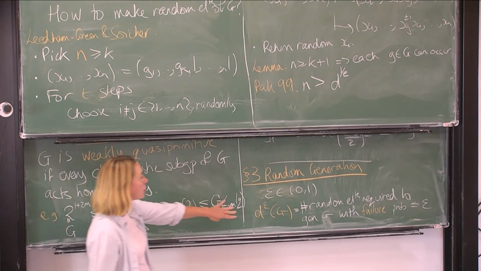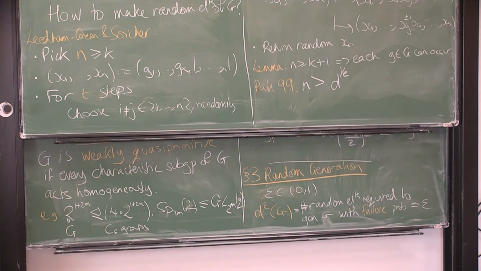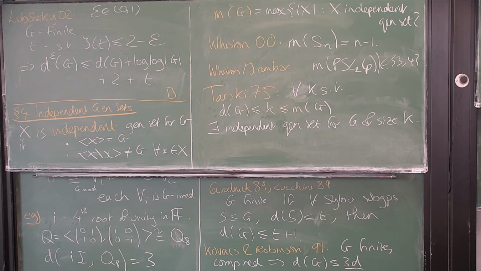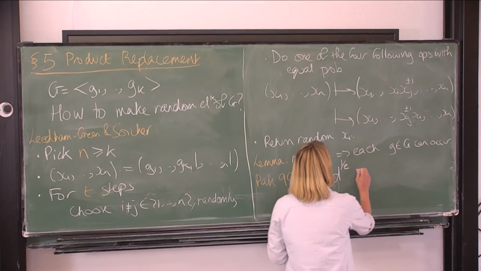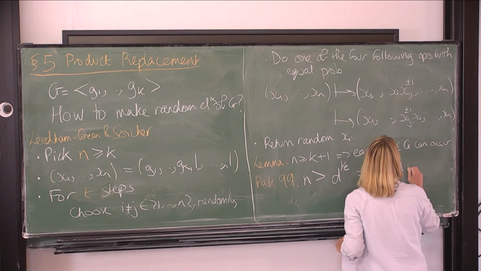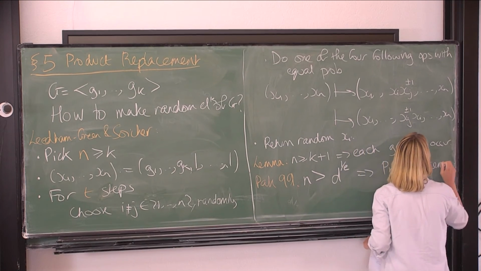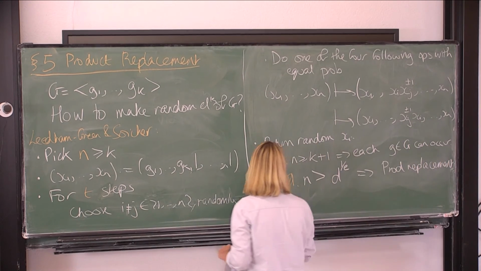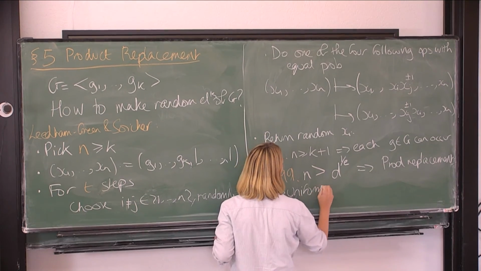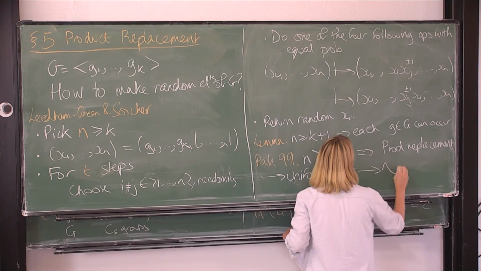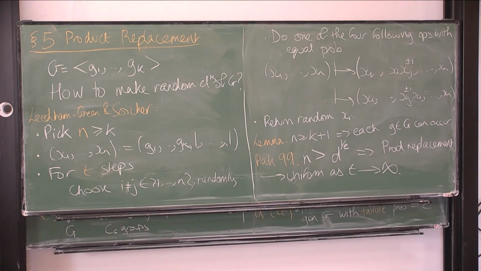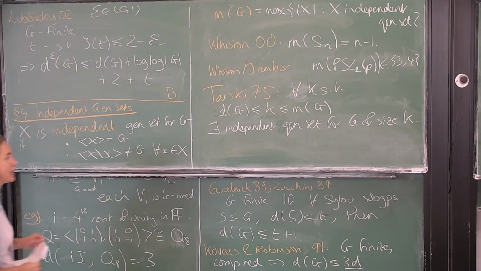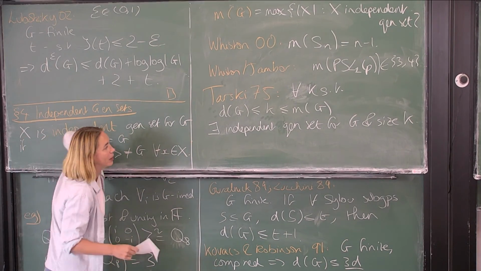So if you look at the number of random elements you've required to generate G with failure probability at most 1 over E, and you have at least that many slots in your product replacement algorithm, then product replacement tends to uniform as T tends to infinity. So provided you have at least that many slots, you will eventually start getting uniform random elements.